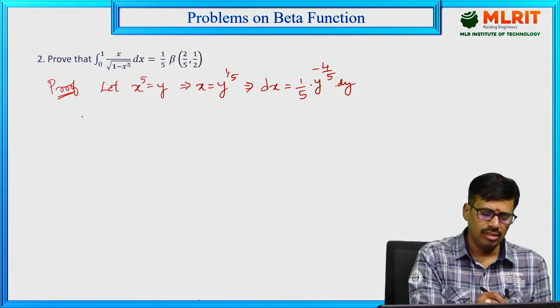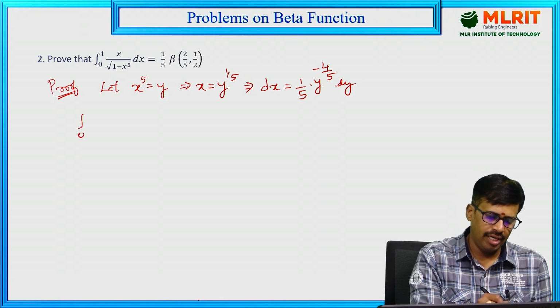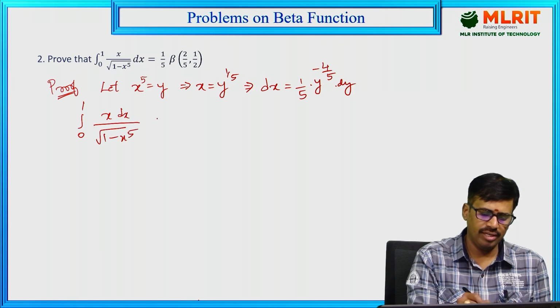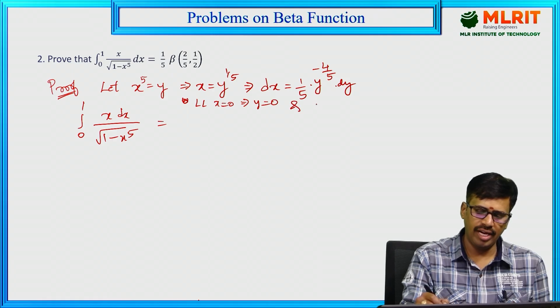So this integral 0 to 1 x dx by under root of 1 minus x power 5 is equal to, if I write the lower limit x equal to 0, y is also 0, and if I write upper limit x equal to 1, that implies y is also 1.